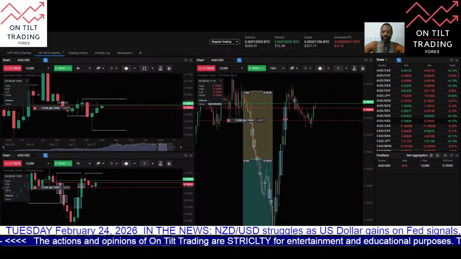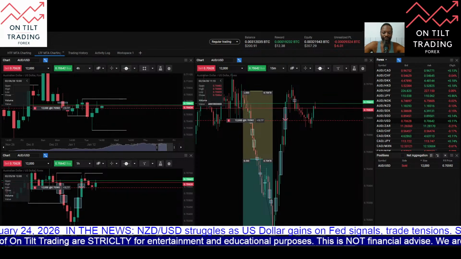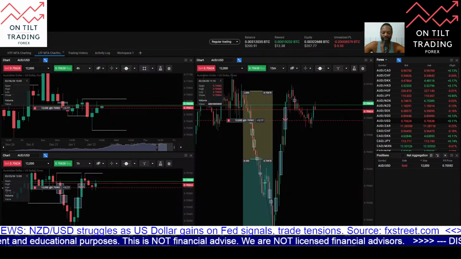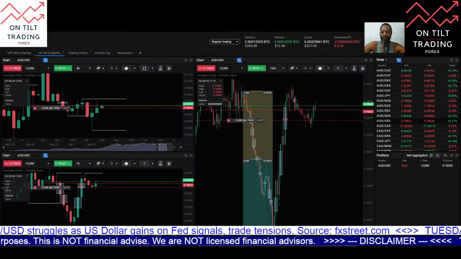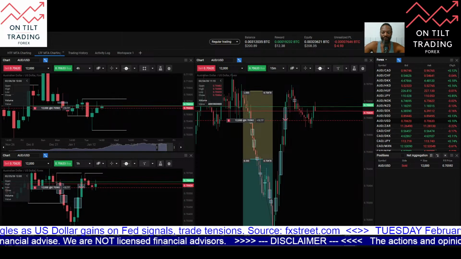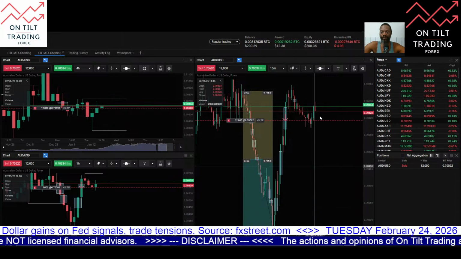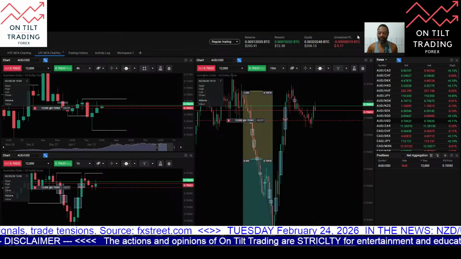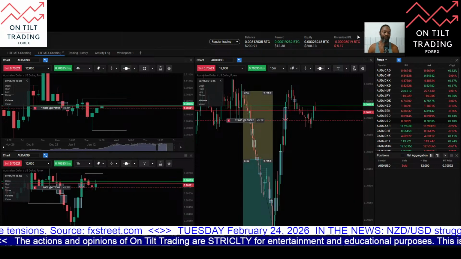But price now has pretty much just been consolidating here, not getting much in the way of delivery. Price starting to return to the sell side here. Let's see if there's any follow-through or continuation.